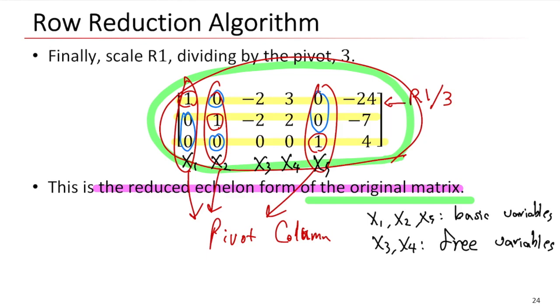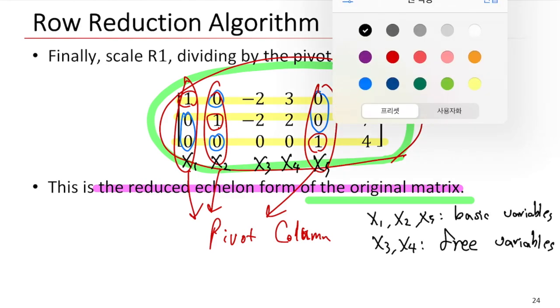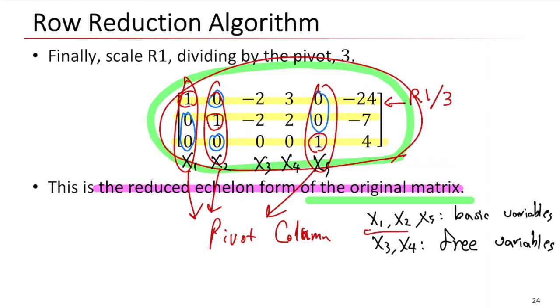Okay, so what is the parametric description of this system? Let's use red and blue colors for the free variables. Okay, so x1, x2, x5.